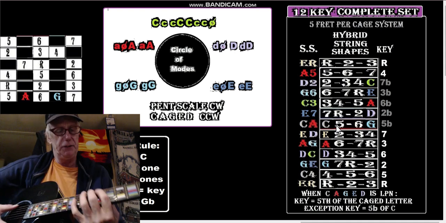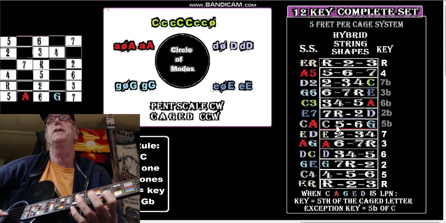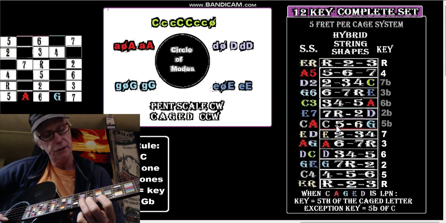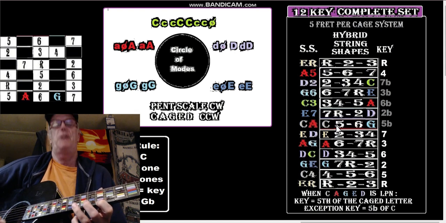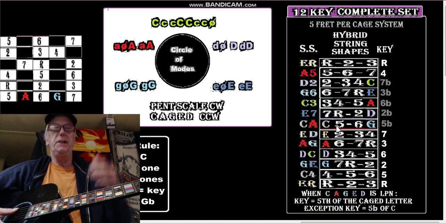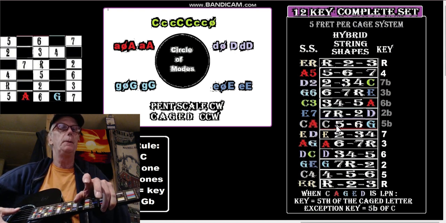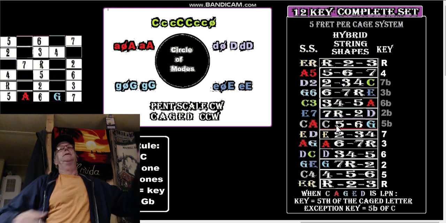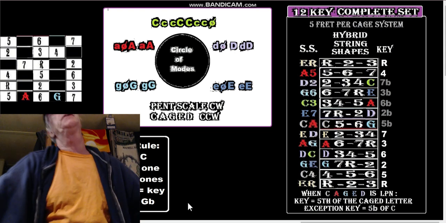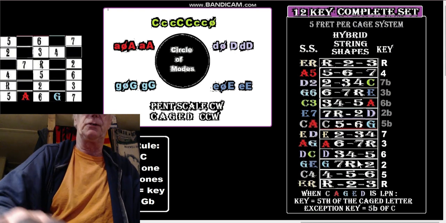So here's 5, 6, 7, root, 2, 3, 4, 5, 6, 7, root, 2, 3, 4, 5, 6, 7. Okay, there is drift to it when you hit the tuning warp, but you're not getting drift on the pattern. The other patterns, if you do the other two patterns, let's throw them up.